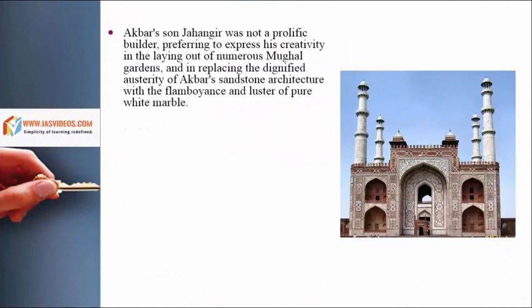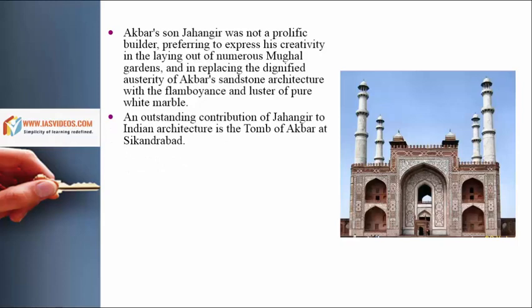Akbar's son Jahangir was not a prolific builder, preferring to express his creativity in the laying out of numerous Mughal gardens and in replacing the dignified austerity of Akbar's sandstone architecture with the flamboyance and luster of pure white marble. An outstanding contribution of Jahangir to Indian architecture is the tomb of Akbar at Sikandra.